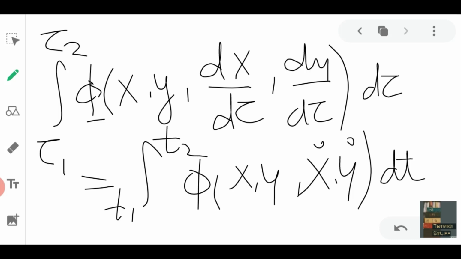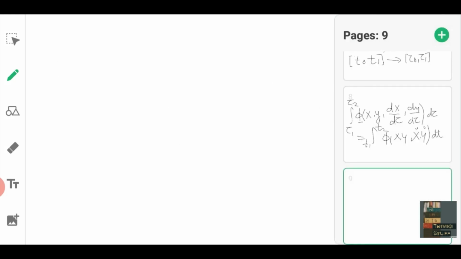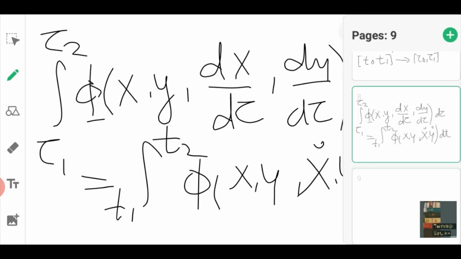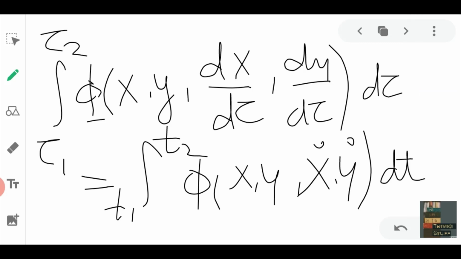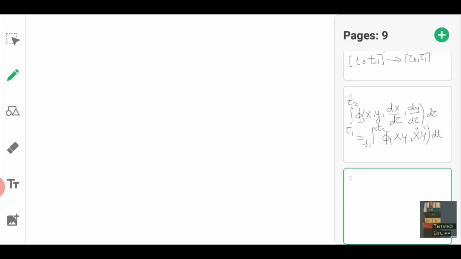So what we get is that the functional does not depend on the x of t and y of t, but it just depends on the curve in the xy plane. So we have to prove this argument, which I write here, and we are going to do it in the following way.